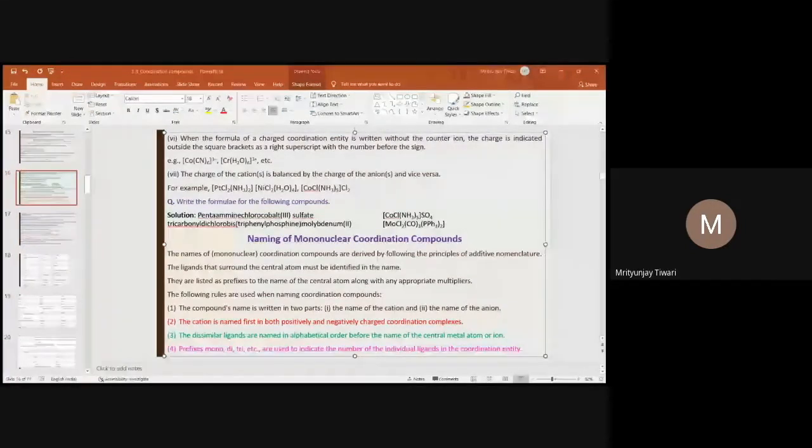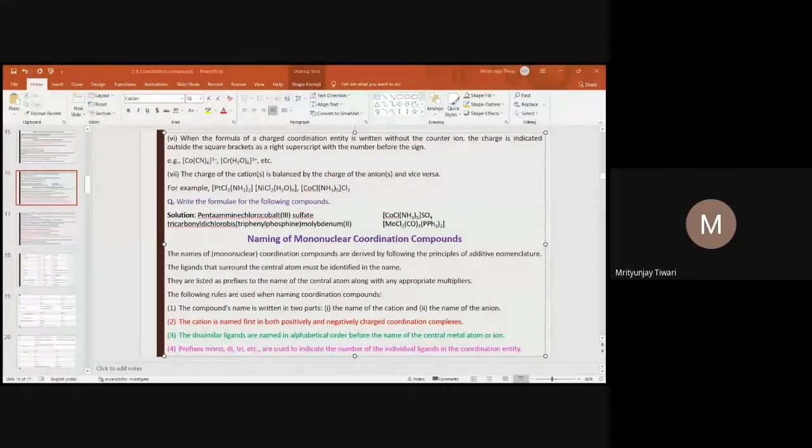Those rules and procedures are recommended by IUPAC, universally accepted all over the world, and followed as well. So let us look at those rules. Mononuclear means only one central metal, central atom, or central ion is there.